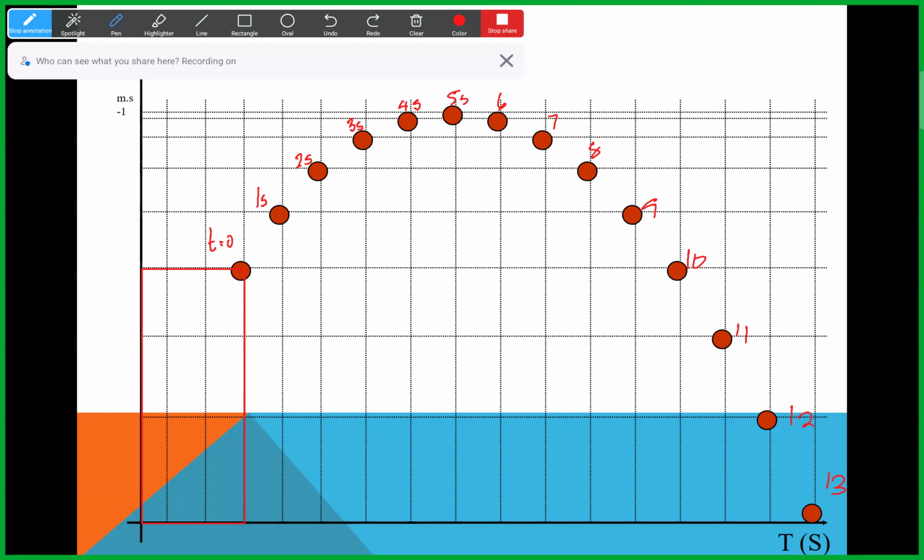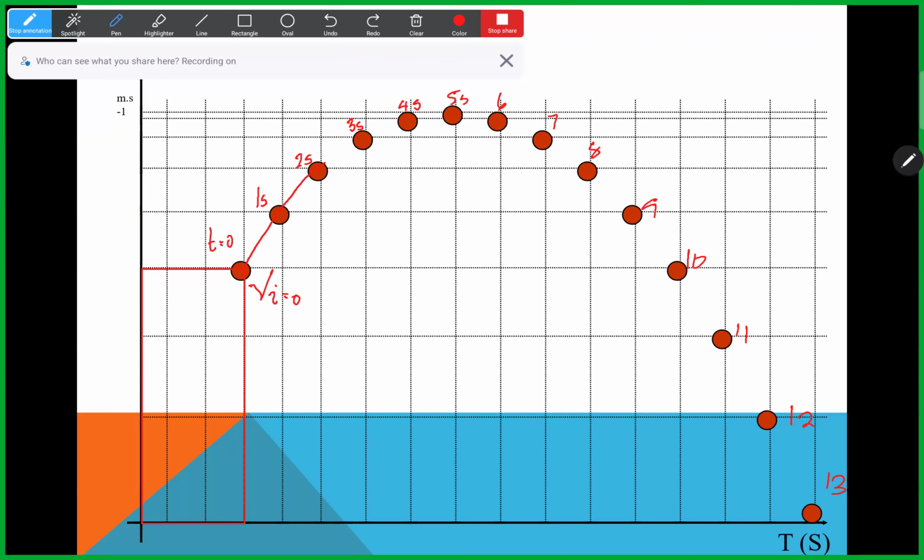Anybody wants to comment about the velocity at t equals 0 seconds? Because this is a big problem with some learners, which is the initial velocity here. Anyone? Anything you want to state? Remember here, the object is going to be going upwards from 0 to 5 seconds.